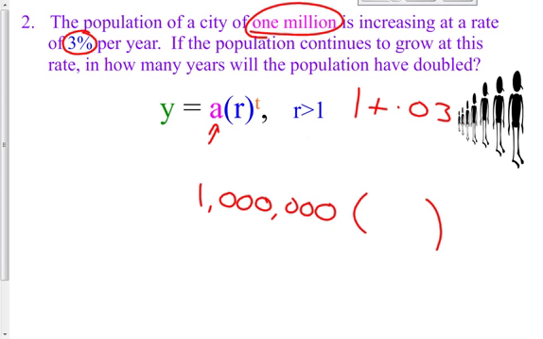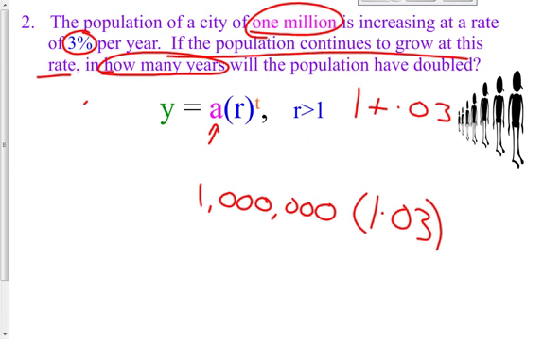So 1 plus 0.03 is going to be our growth rate, or our R, so 1.03 goes there. It says if the population continues to grow at this rate, in how many years? This is our variable. Years is our time t. So our t variable is what we want to find.